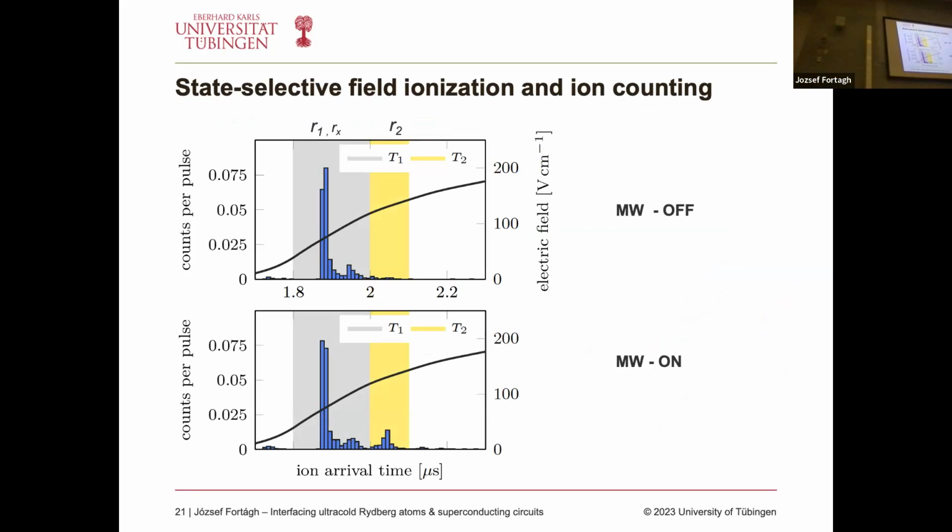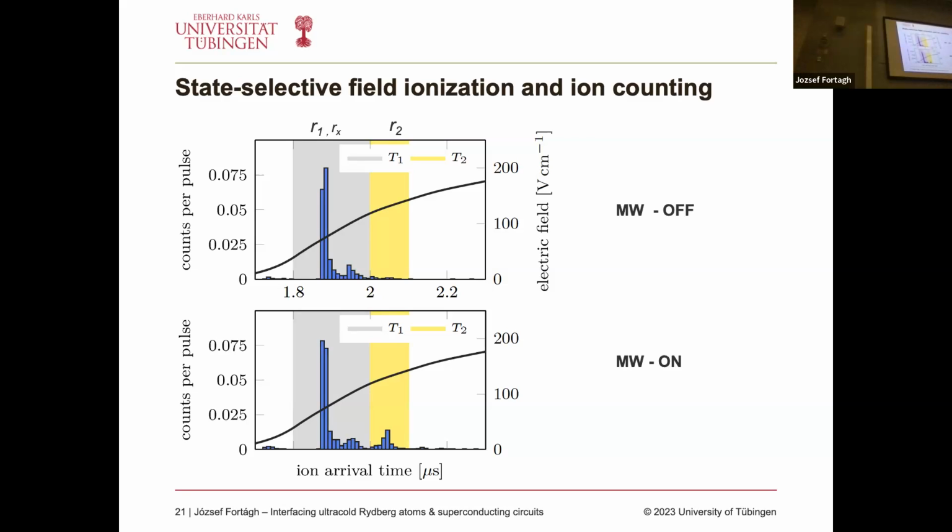So we can define time intervals T1 and T2, in which we can be sure that in T2 only the R2 state is arriving, while the R1 state is, as you can see, a bit smeared out, but mainly arriving in T1.